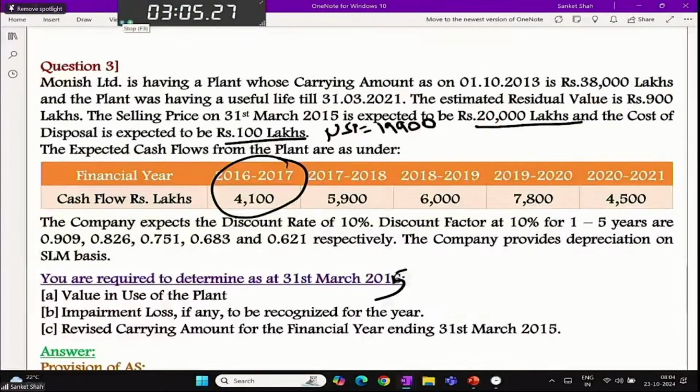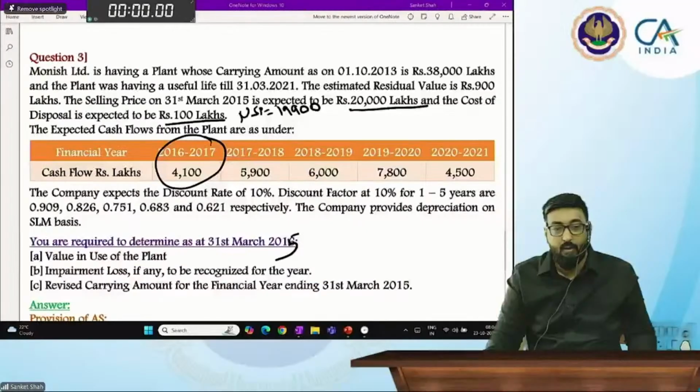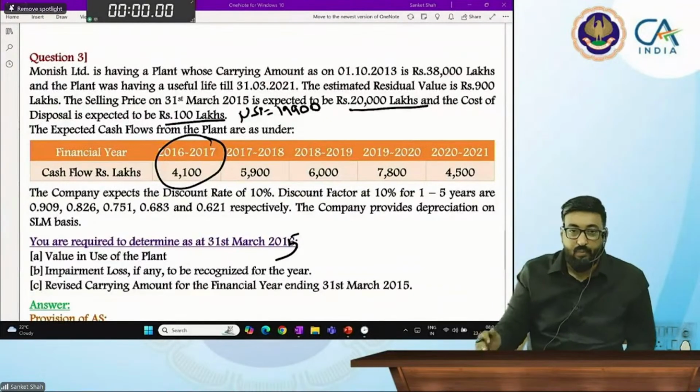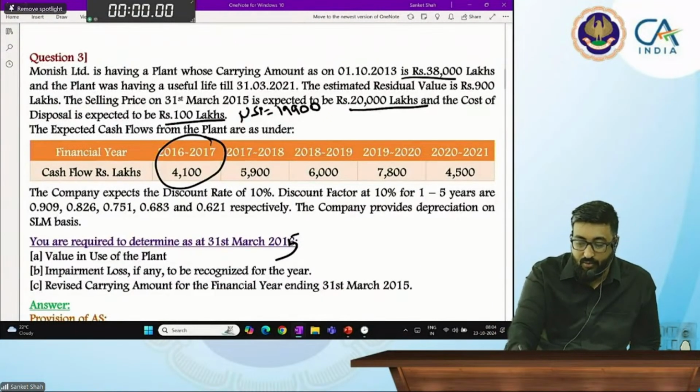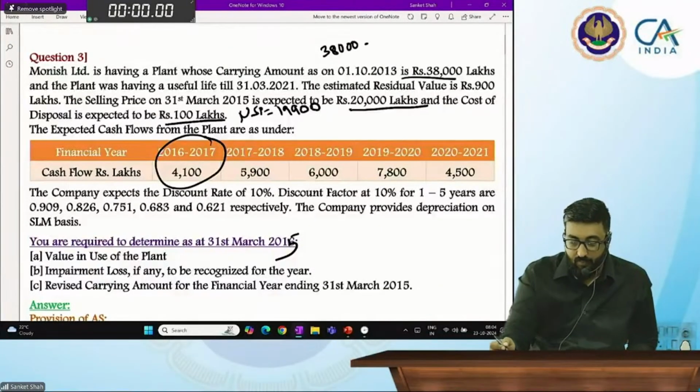Yes, any one of you? बस हो गया. See, in this question, years are very important. Years are very important. Let's check it. You bought one asset at 2013, 38,000. Minus salvage value is 900.